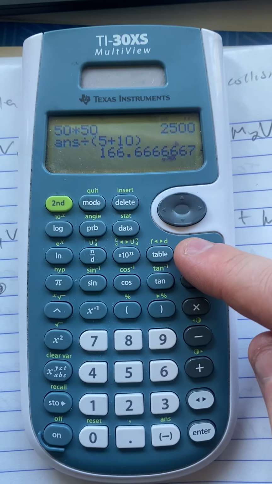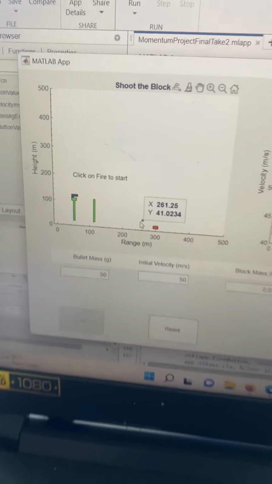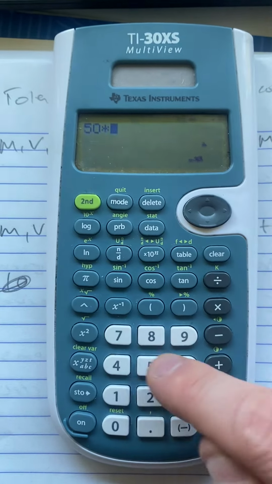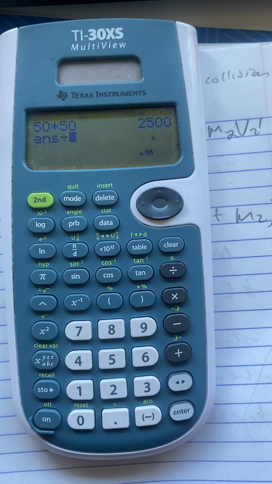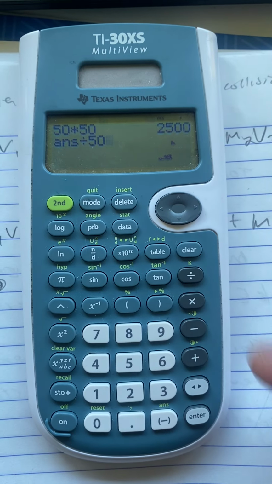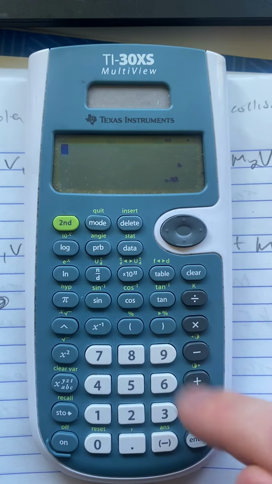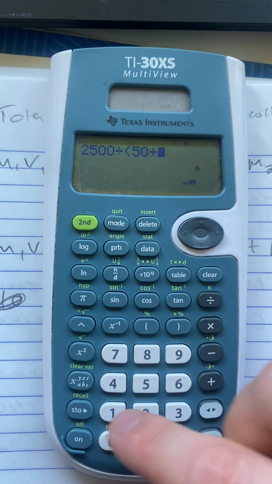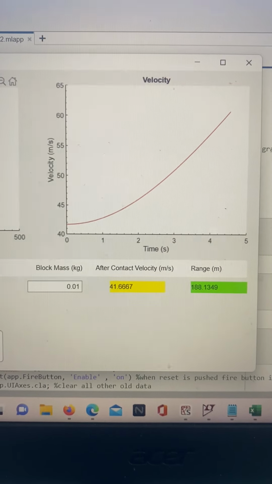That's because I put the bullet mass at 50, that's why we got the wrong answer. So let's plug that in again. 5 times 50 equals 250, divided by, I need my parentheses, 5 plus 10. That gives us 16.67, but that isn't matching either; working it in the consistent units the app uses, we get 41.6667, which is correct. Sorry about the calculation error.